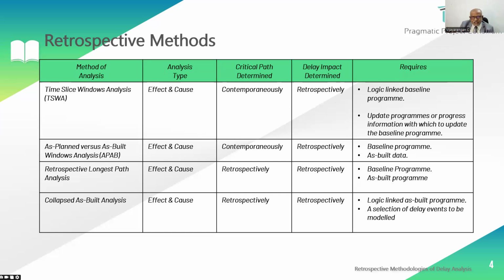The result of an action is normally what we call the effect. Based on the effect, we are analyzing what the cause was. Moreover, the determination is all part of the critical path, because when you created the baseline, certain activities fell under the critical path, and over a period of time a lot of changes have occurred.